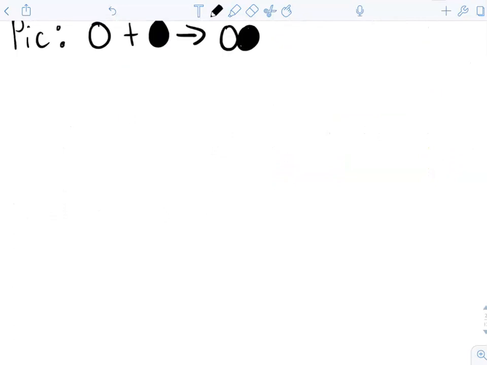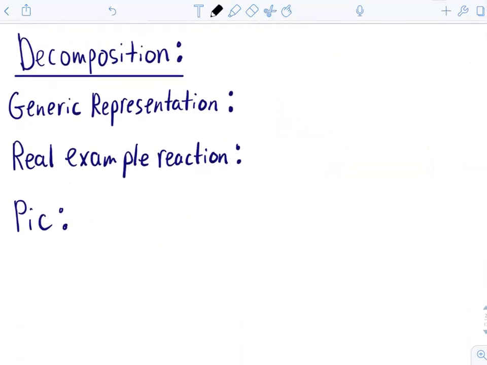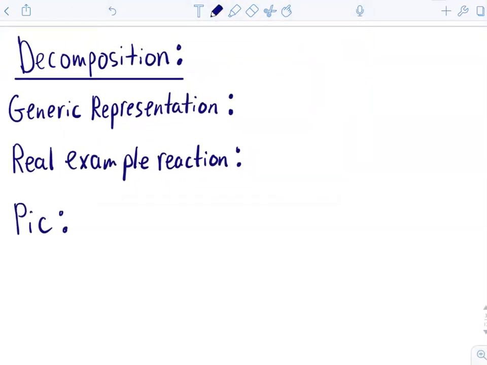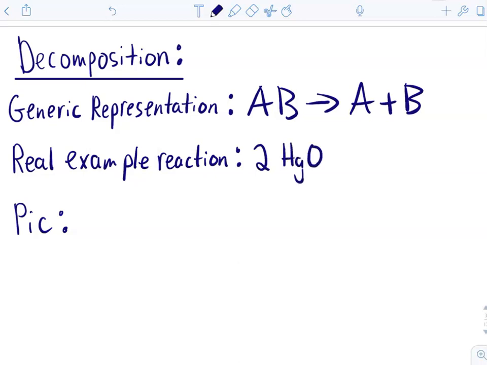Then our next type is decomposition. And when you hear the word decomposition, you're probably thinking of something decomposing, and that's what happens here. So this time we have AB yields A plus B. So a real life example of this would be 2HgO breaks down into 2Hg plus O2.